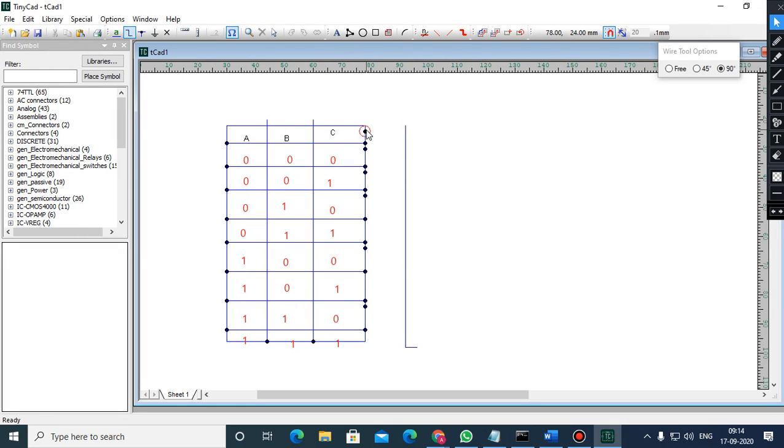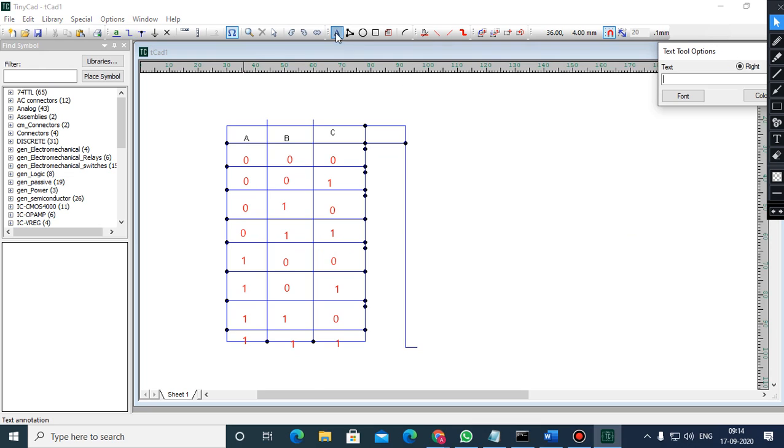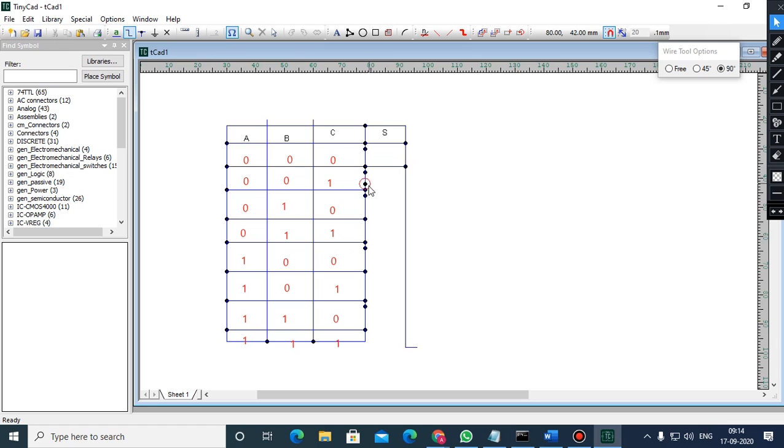And that we are going to represent using capital S. One thing you have to remember, that the truth table of multiplexer and the truth table of decoder is exactly the same.